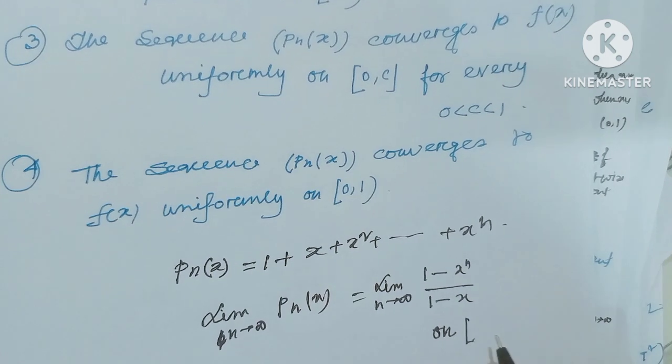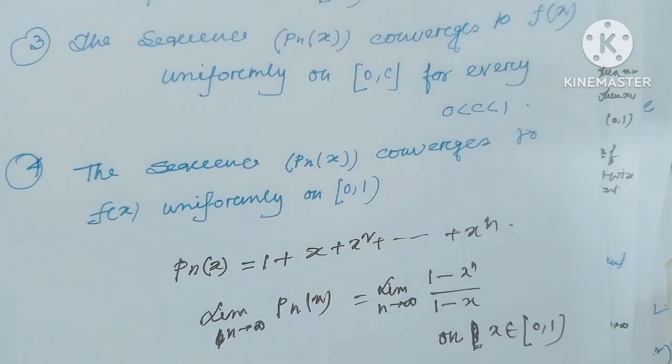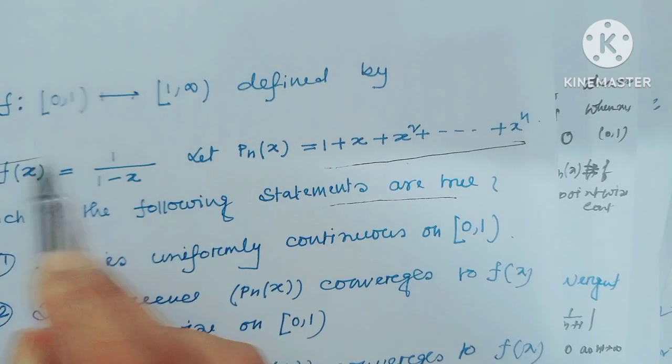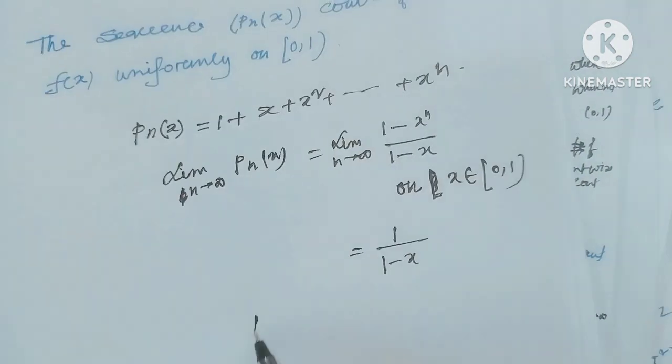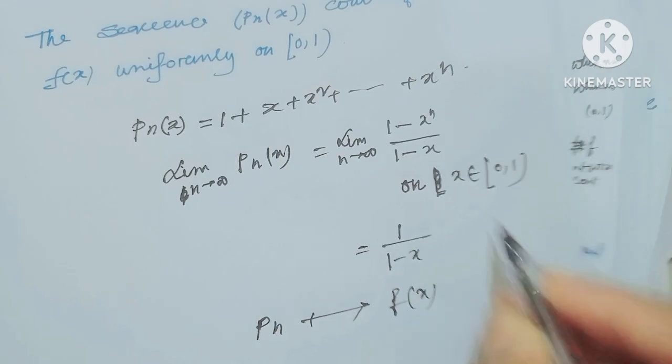On the interval where x belongs to [0,1), this value is 1/(1−x), and given this is f(x), that means Pn(x) converges to f(x) pointwise. This is f(x).